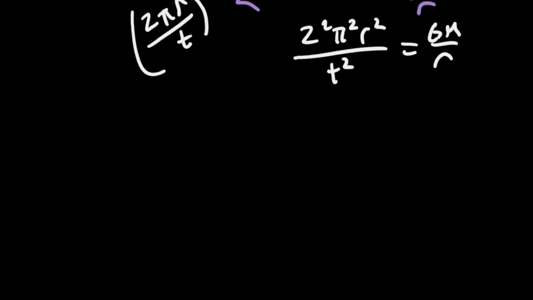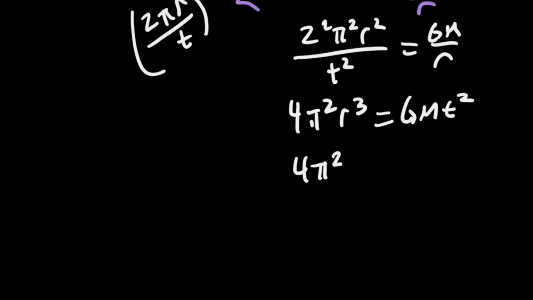And at this point, you might be thinking, wow, this looks pretty familiar. And you're probably right. If we have 4 pi squared r cubed equals G M T squared, and we do a little bit more rearranging, we're going to get 4 pi squared r cubed over GM is equal to T squared.